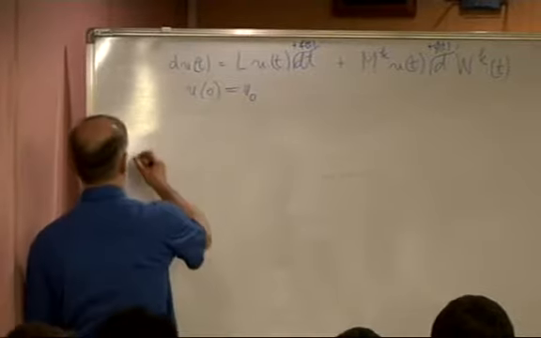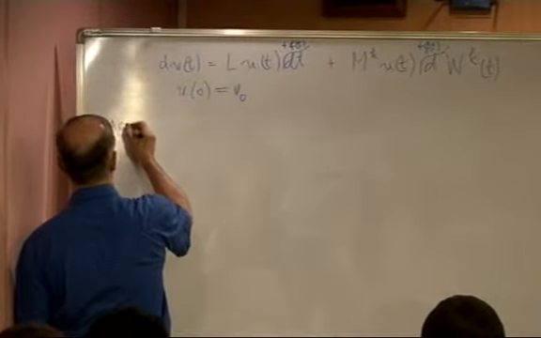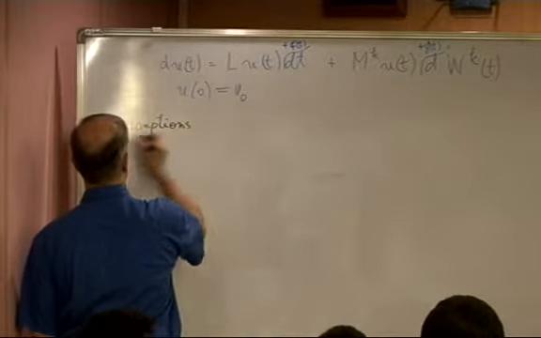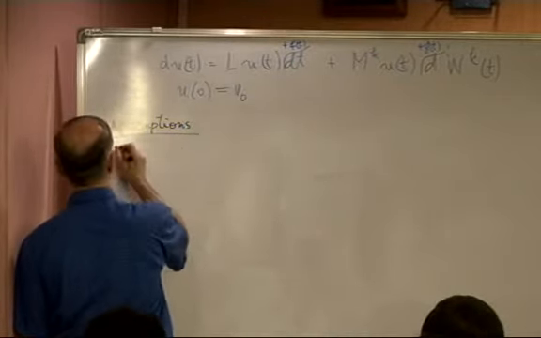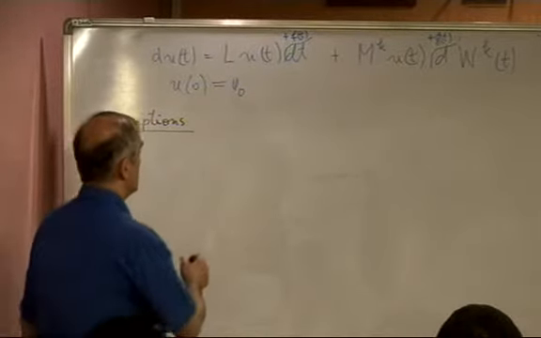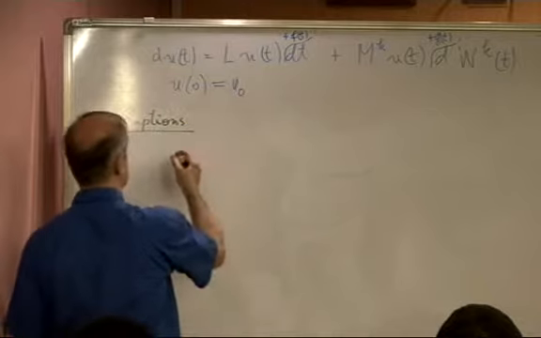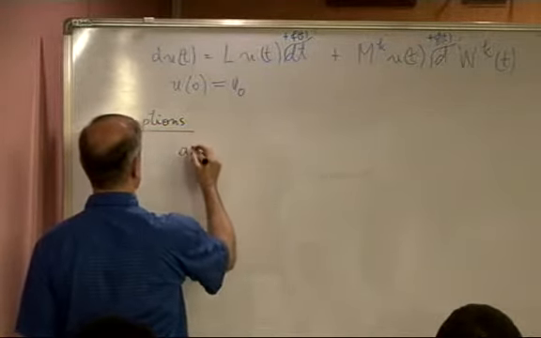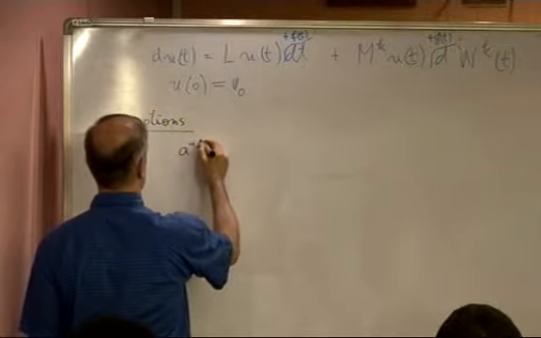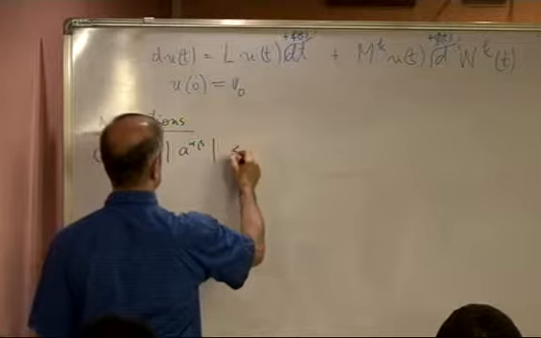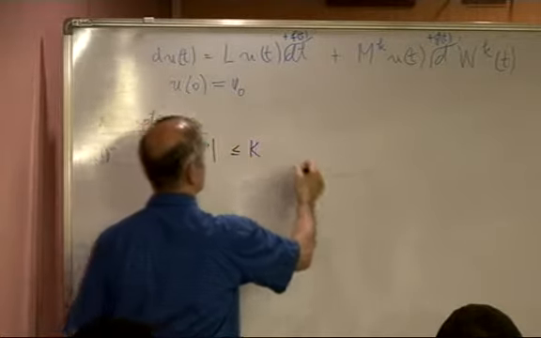So the assumptions. First, the assumption about the coefficients. The simplest case is that we assume them to be bounded. So a^{alpha beta} are bounded.